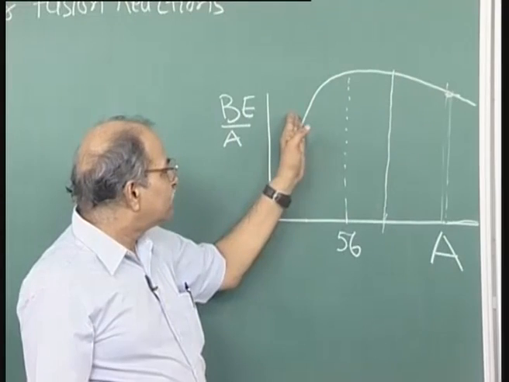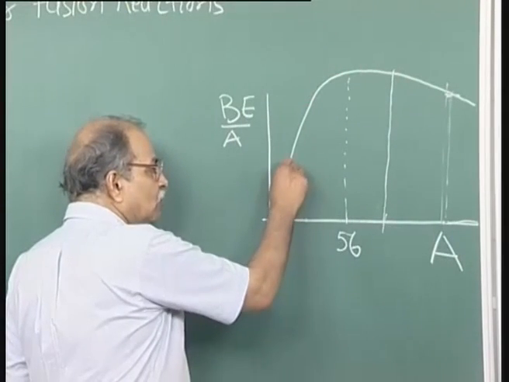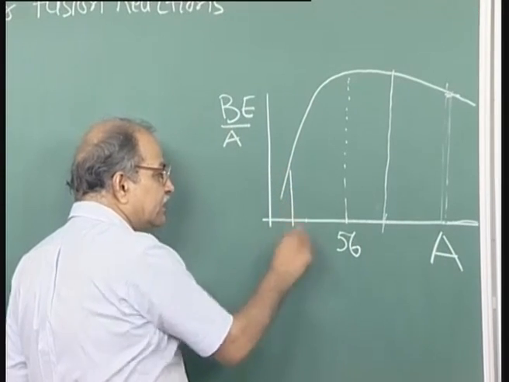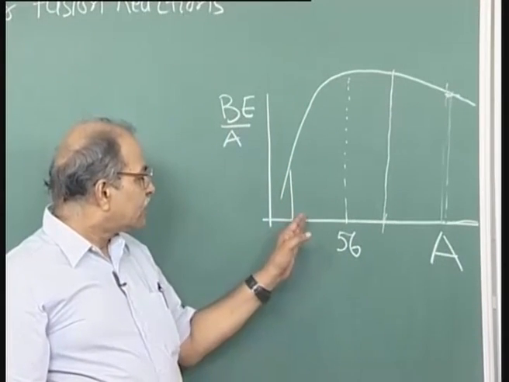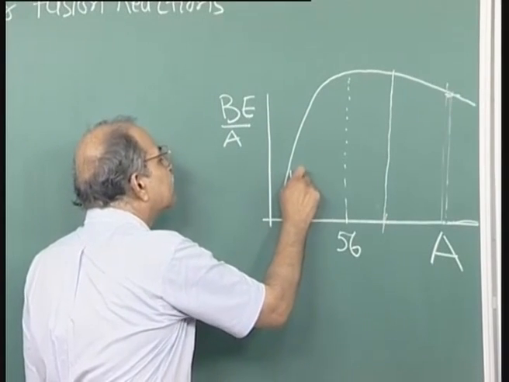Now, the other side of this maximum: if we start with two nuclei somewhere in this region, maybe I can show them slightly different.